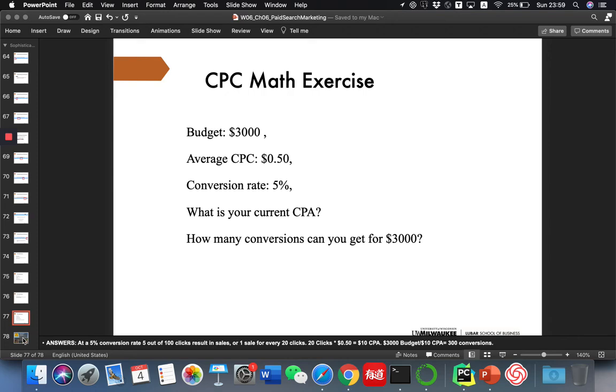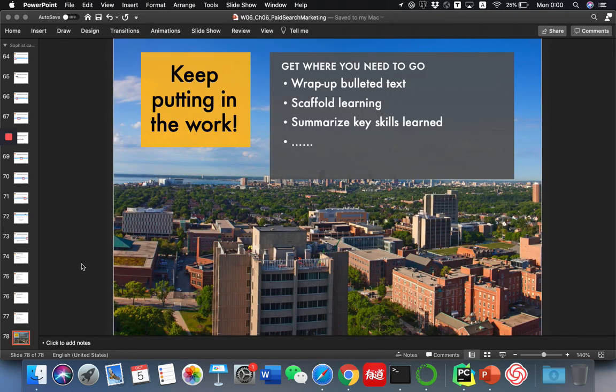Okay, that's all for Chapter 6, paid search marketing. We talk about the keyword, different types of keyword match type, and we can use different keyword strategy, like the keyword phrase, negative keyword, or different ways to target your consumers.